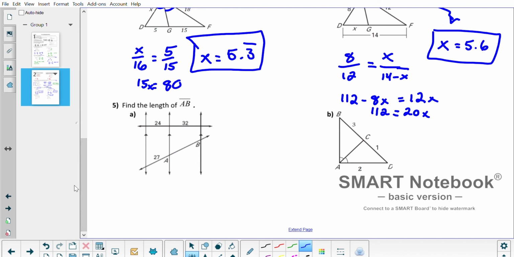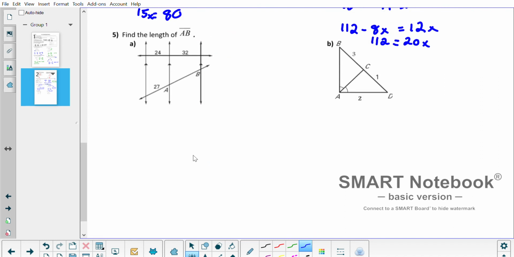And our last two problems here. Number 5, find the length of AB. So if we are trying to find the length of AB here, this is our unknown, we'll just call it x. We have our parallel lines, which are going to break our transversals into proportionate segments. So we know x over 32 is equal to 27 over 24.